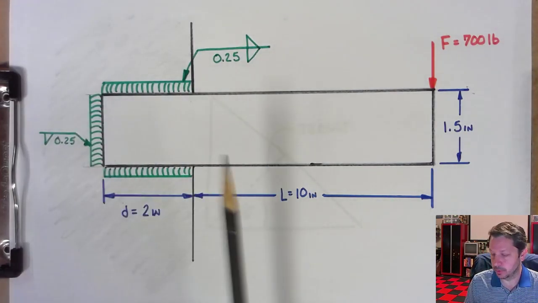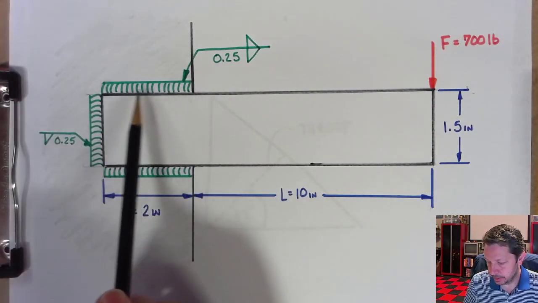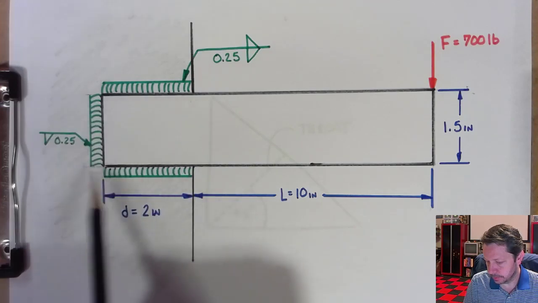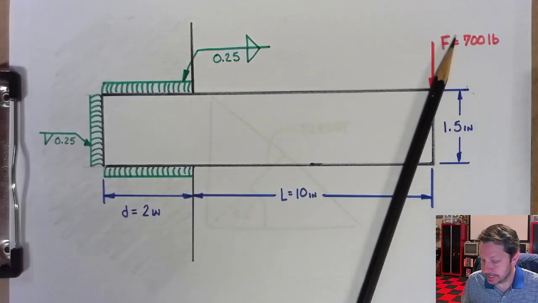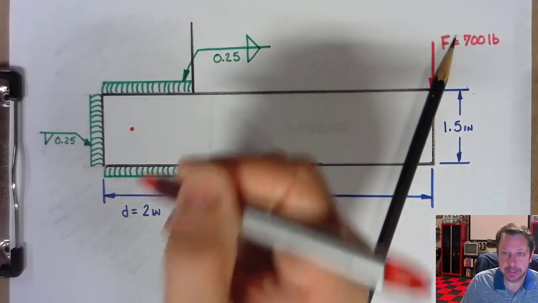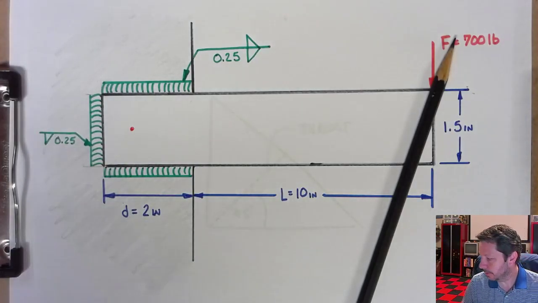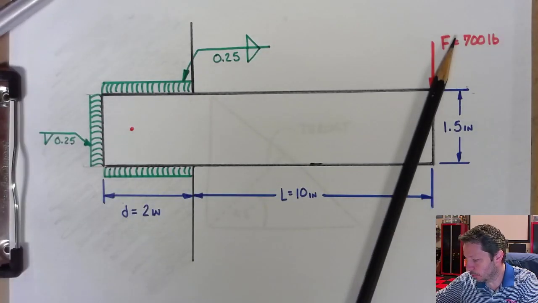And we're going to pick one of those corners. And R is going to be, we find the centroid of our weld group. So for this weld group, that centroid is basically a letter C, and it's going to be somewhere over here. We'll actually have to find a real location for it, but somewhere over there. And R is going to be the distance from whatever point we're interested in.